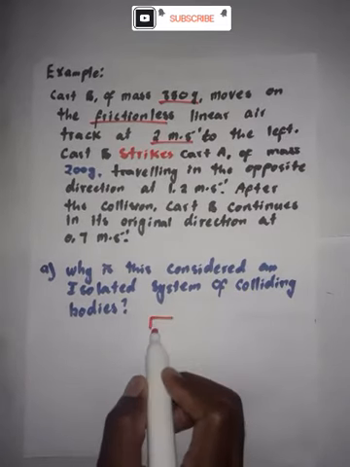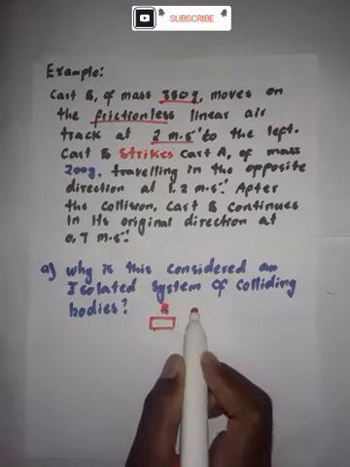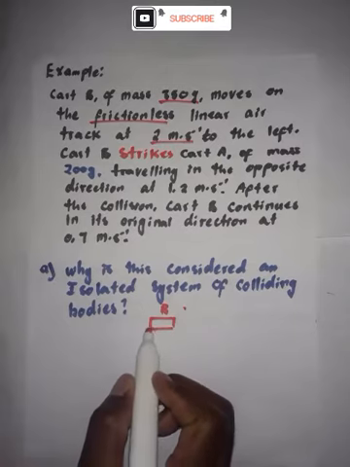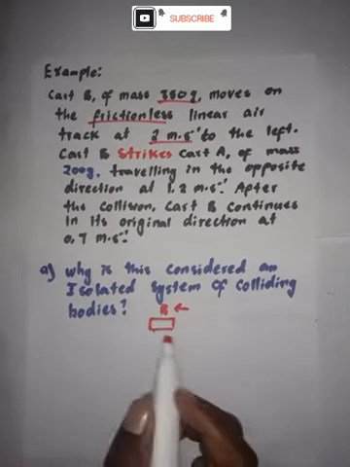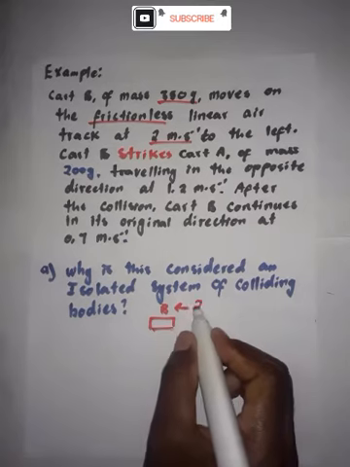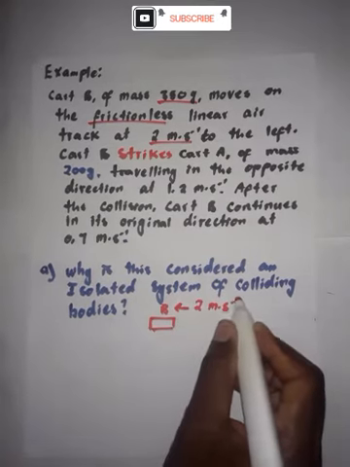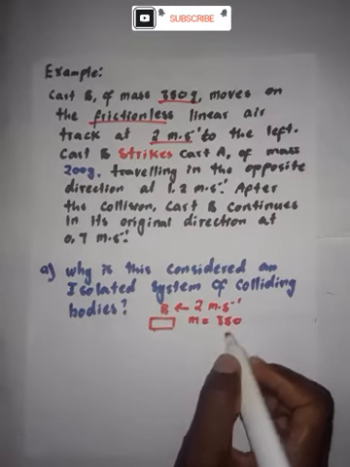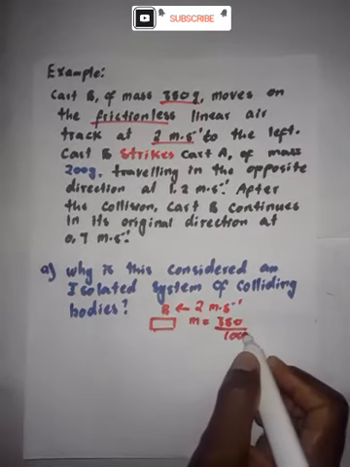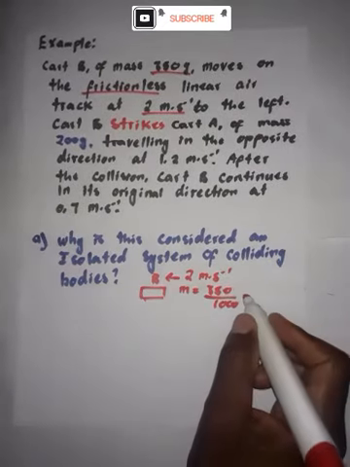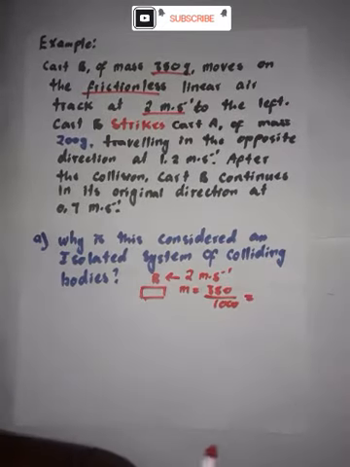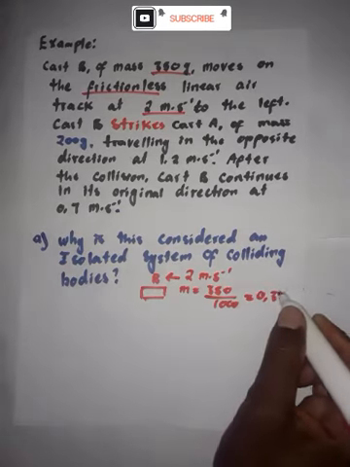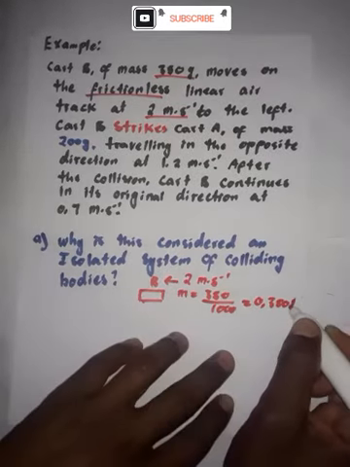Let's say we have this cart, which is B, moving to the left with 2 meter per second. The mass we divide by 1000 because it's in grams, to convert to the physics SI unit, kg. So this is going to be 0.350 kg.